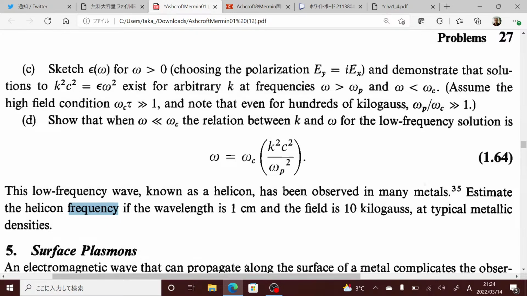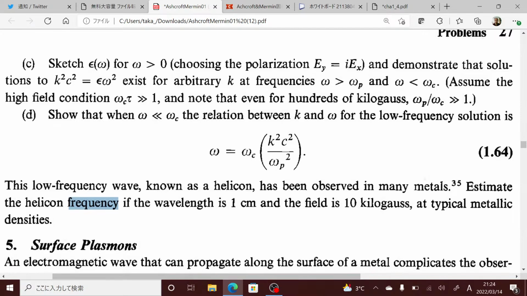Assume the high field condition omega c tau much larger than 1, and note that even for hundreds of kilogauss, omega p divided by omega c is much larger than 1.